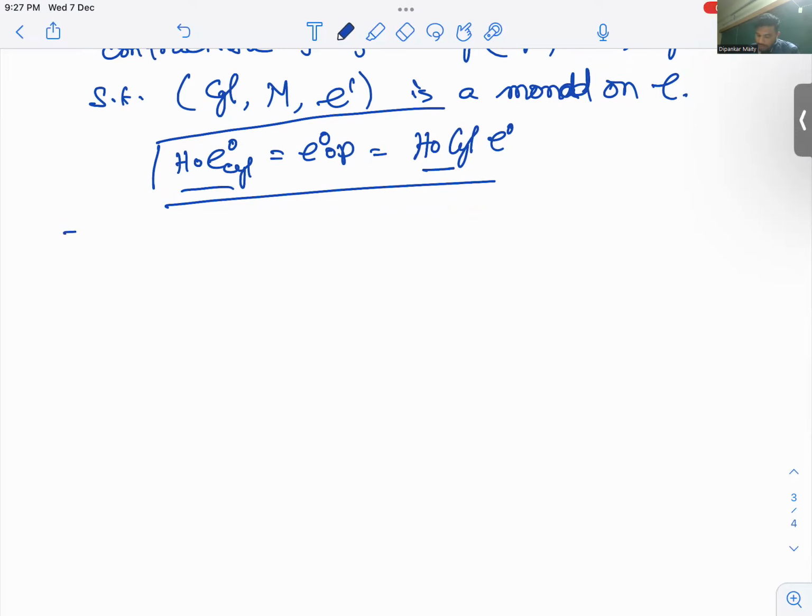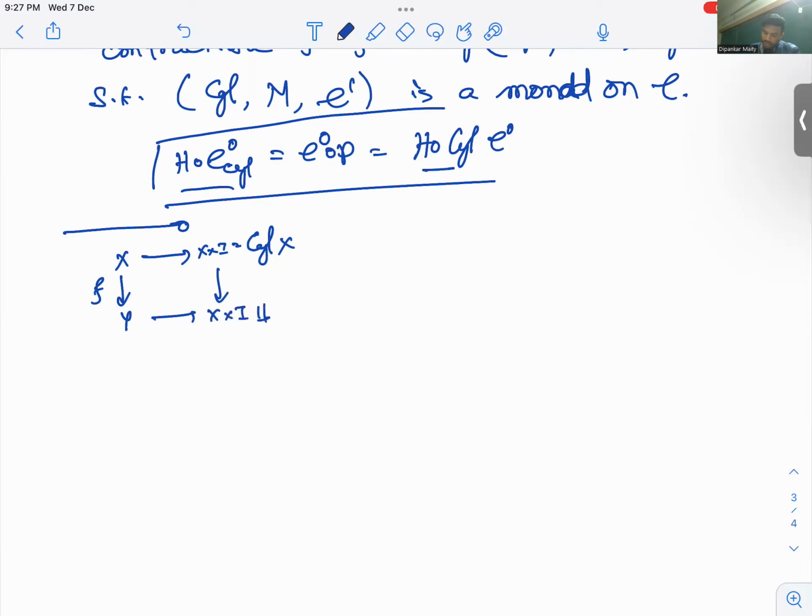So, for example, in the case of topological spaces, there is a notion of mapping cylinder. A mapping cylinder is the following. If you are given a map f from X to Y, then it is the following push-out diagram.